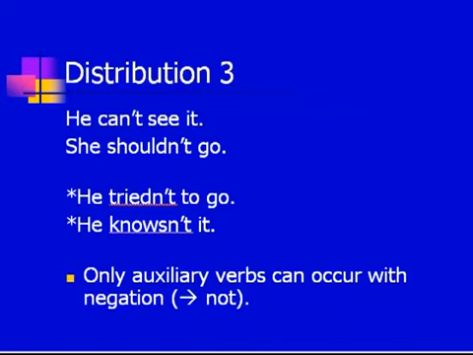He tridn't to go, he knowsn't it. You don't say that. And of course, by now, the pattern is clear. You would use dummy auxiliary do. So he didn't try to go, or he doesn't know it. So only auxiliary verbs can occur with negation, with using not.